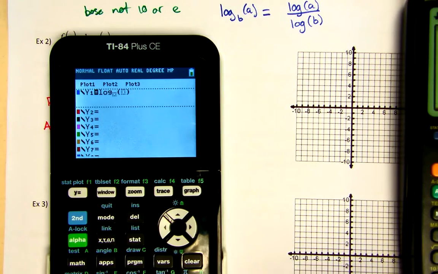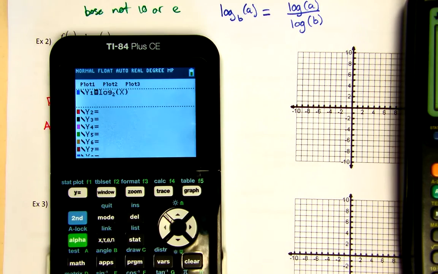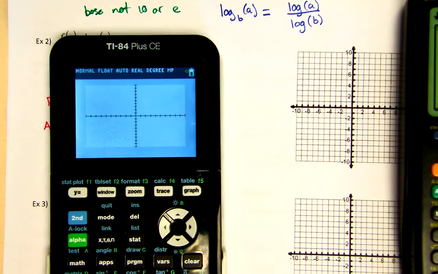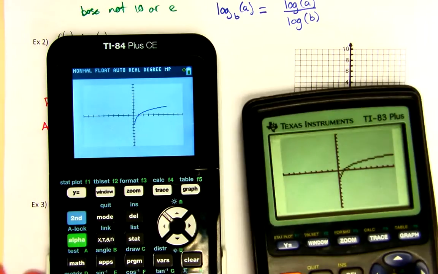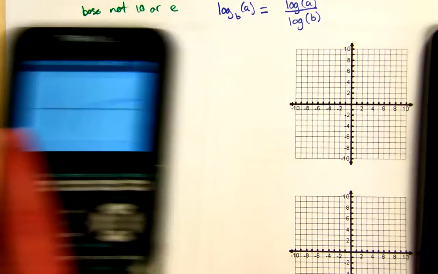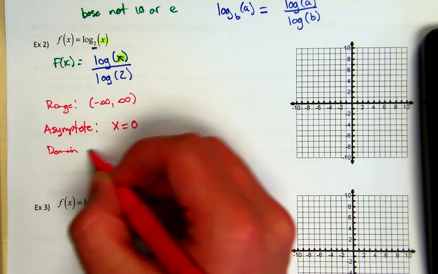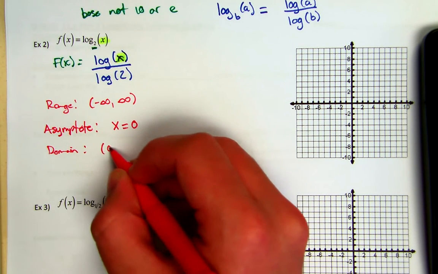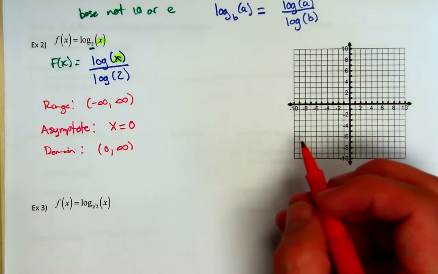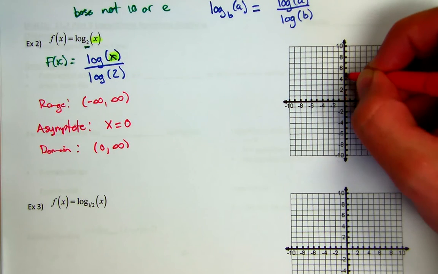That means log of any base. So log base 2 of x is what I want. Now I don't even have to worry about changing base, and I hit graph. Well, again, we should notice here that these two graphs are the same exact thing. Same way. So domain, we start at 0, we're going towards infinity. So 0 to infinity.